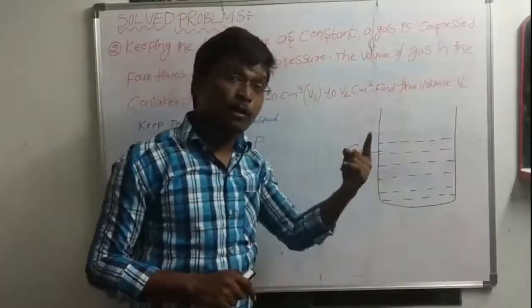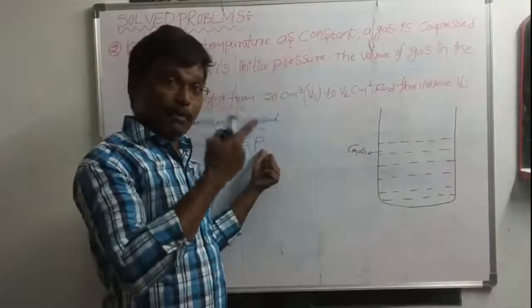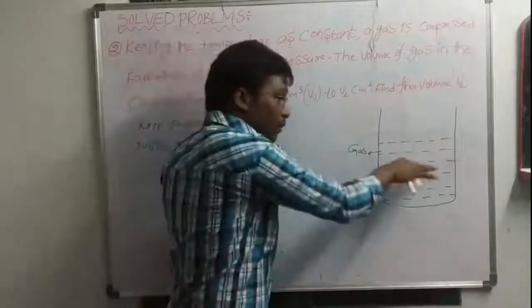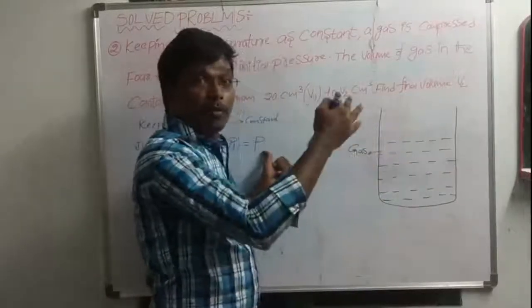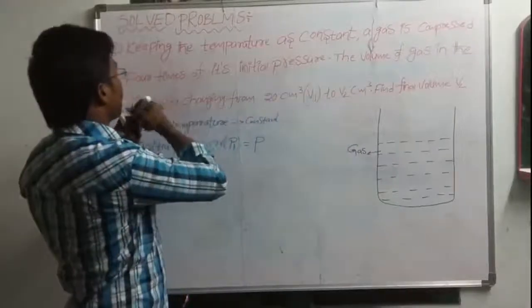So initial pressure is P. He is compressing 4 times, so what is the final pressure after 4 compressions? How many times he compressed? 4 times.